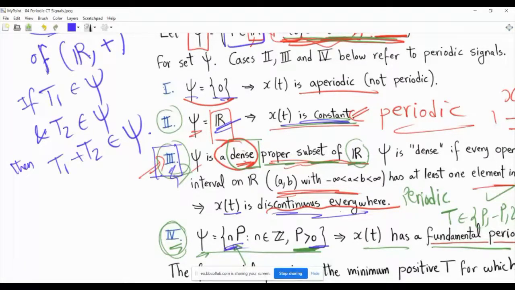I think you can show that if x of t is continuous at a point, and its set of periods is a dense proper subset of R, then your signal is actually a constant signal. So if you put here a signal that is continuous even at just 1 point, you can prove rigorously that it is constant everywhere. And so it's actually case 2, not case 3.